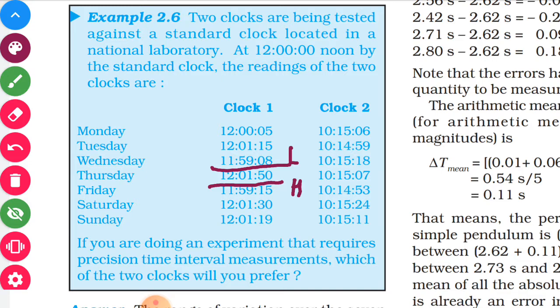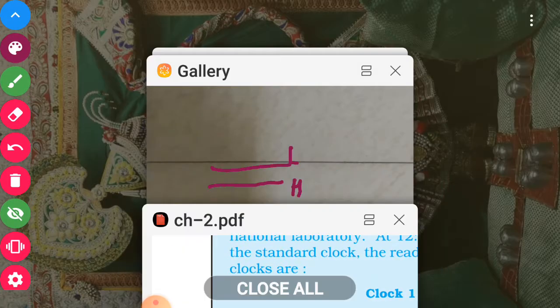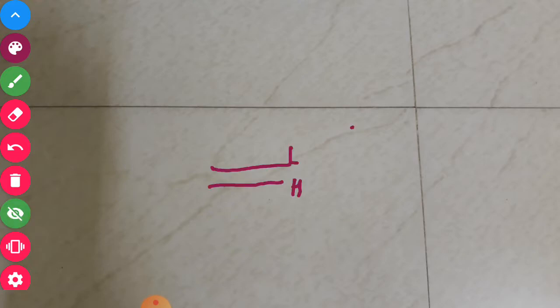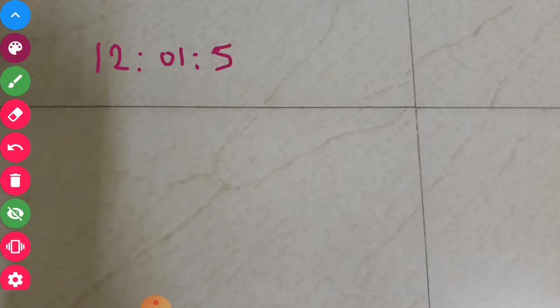Now 12 hour 1 minute 50 second can be written as, try to understand, I am showing it in a different place. 12 hour 1 minute 50 second can be written as 11 hour.